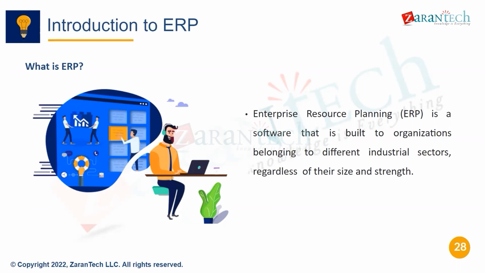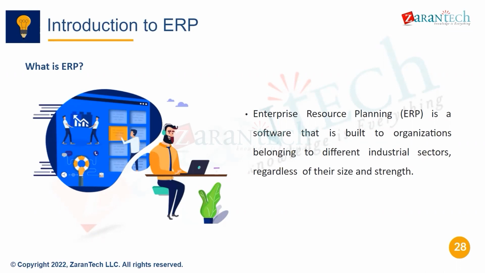Like this, they have several modules available, with several people working in each department. They have to record their transactions and take out the reports. To do all these activities, they need a system. So an ERP system provides a platform to manage all these transactions in the organization.